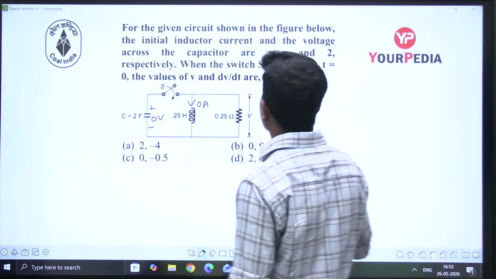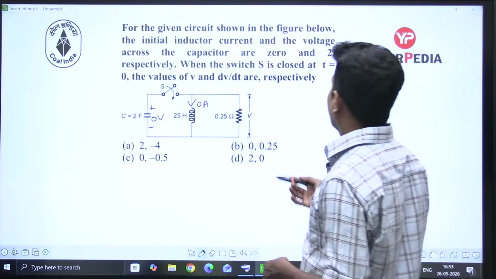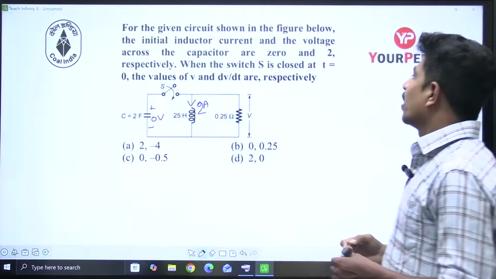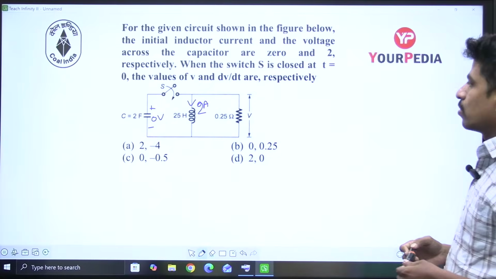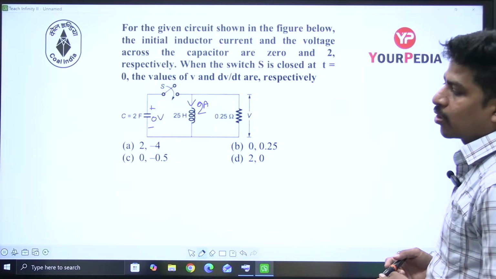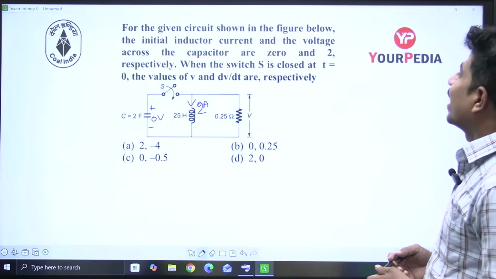When the switch S is closed at t is equal to 0, the values of V and dV by dt respectively are... He is asking V and dV by dt at t is equal to 0.